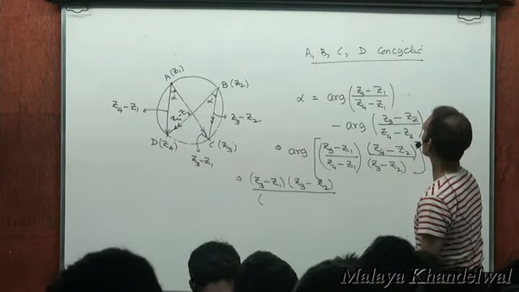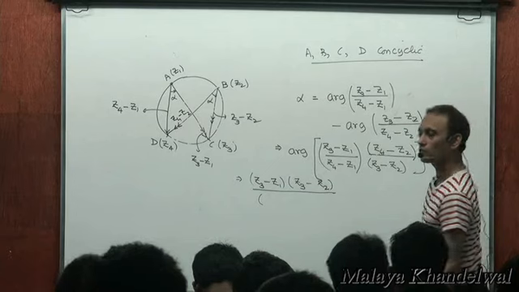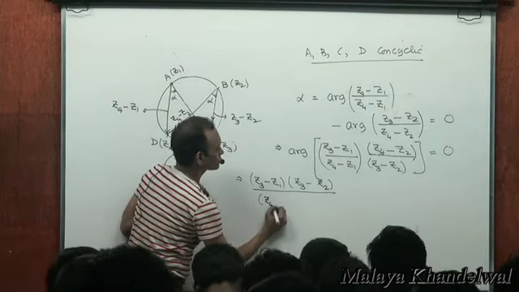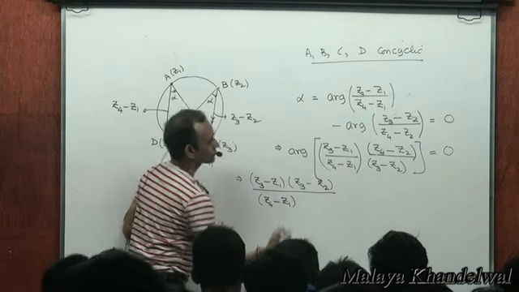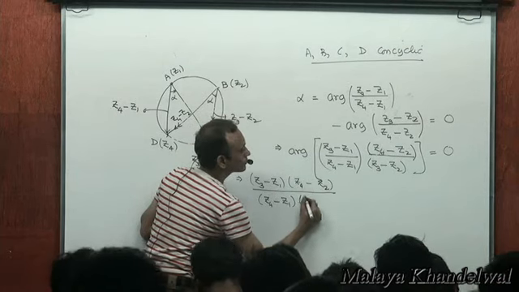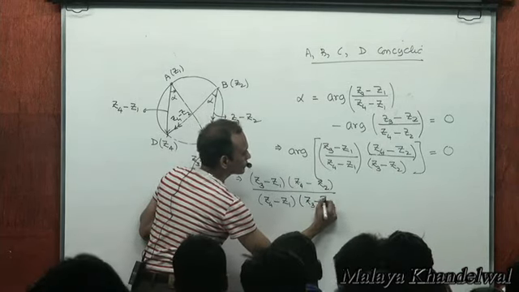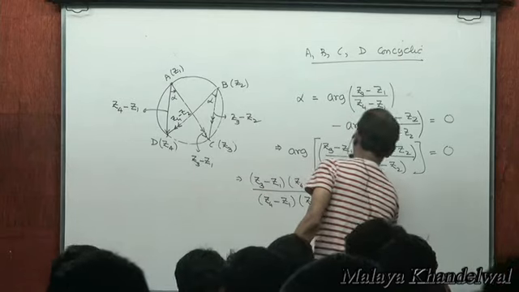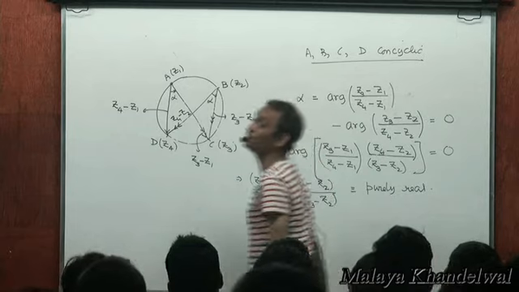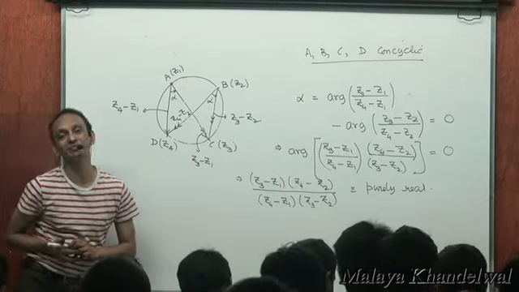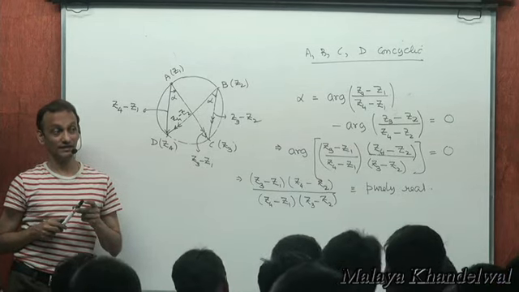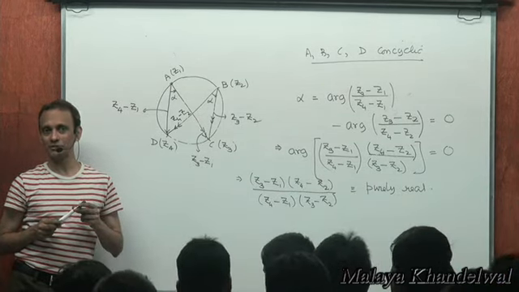Right? Clear? This must be purely real. So if this happens, then ABCD would be concyclic points. Yes or no?